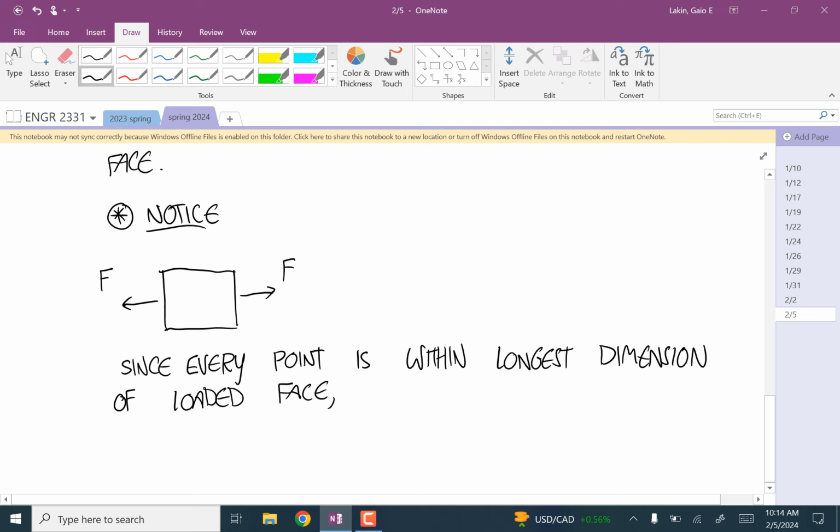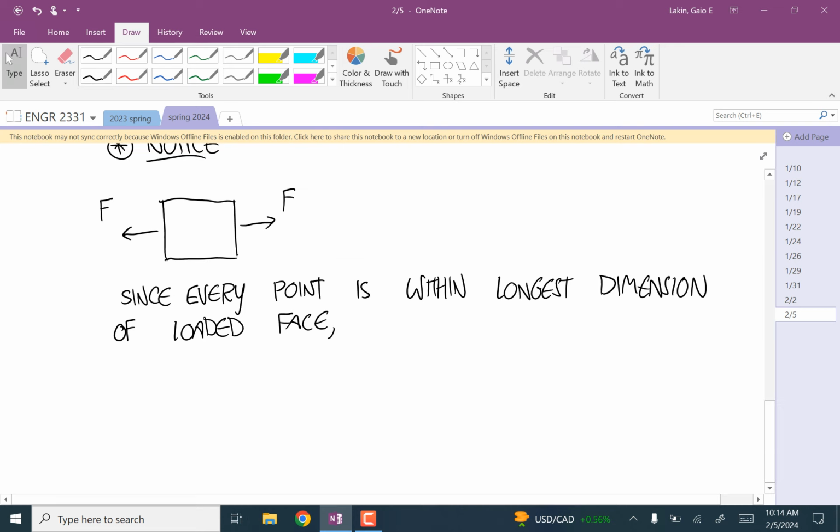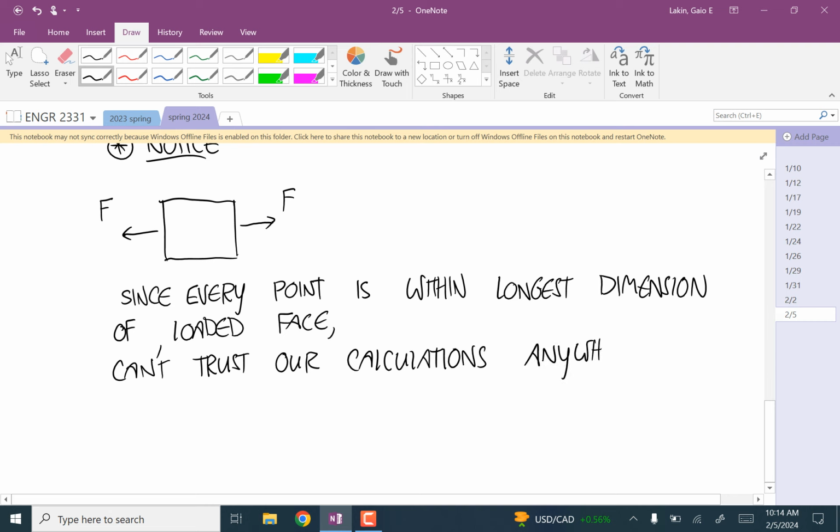Okay, you can do it with more complicated methods, or with finite elements, but not with the approaches we're going to use in this class. So in that case, you can't trust our calculations anywhere.